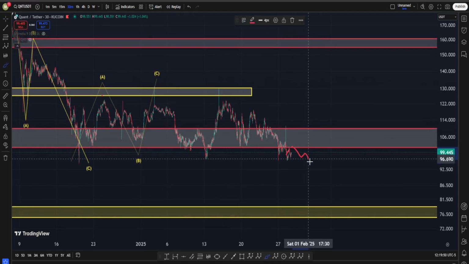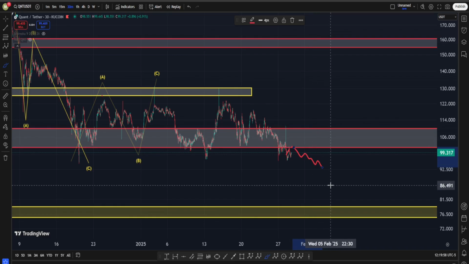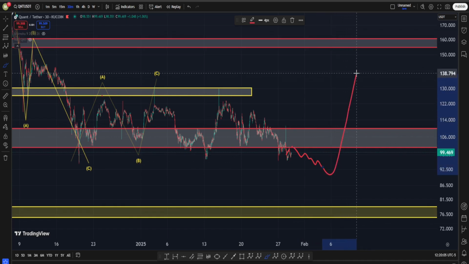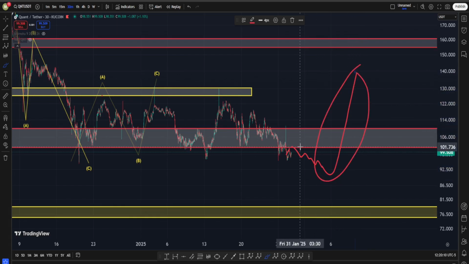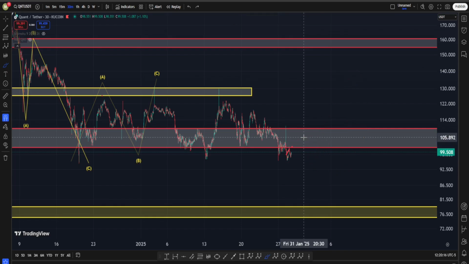We're going to go down maybe a bit more, and then at that point, a lot of people are going to say, oh, look, this support is broken, and now we are going to have, let's say, like a 30% move on the downside. But in here, I'm going to say you are probably going to see a very strong bounce back, and that is going to destroy a lot of people who opened some short positions in this area. I have seen this pattern play out way too many times.